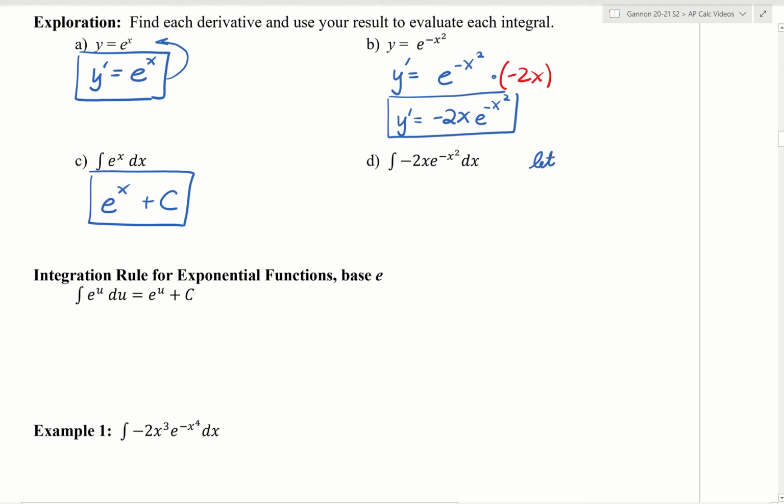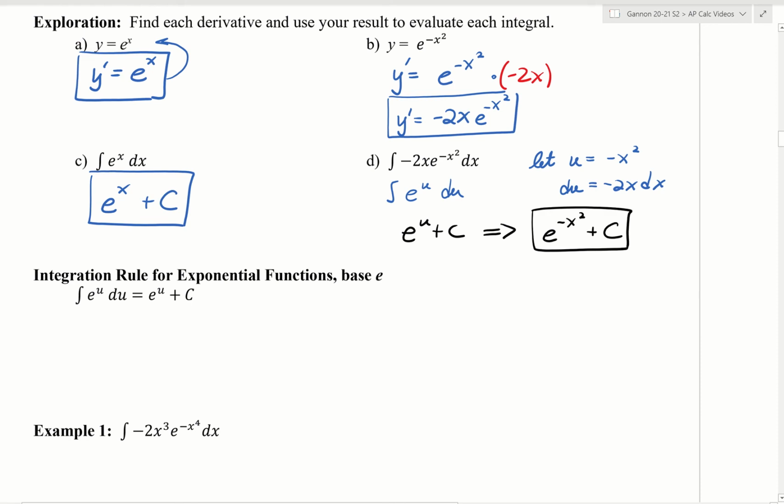If we let u equal negative x squared, then du is negative 2x dx, which is basically what we have. You could rewrite this as the integral of e to the u du. The antiderivative would be e to the u plus c, which if we substitute back in, we get e to the negative x squared plus c.